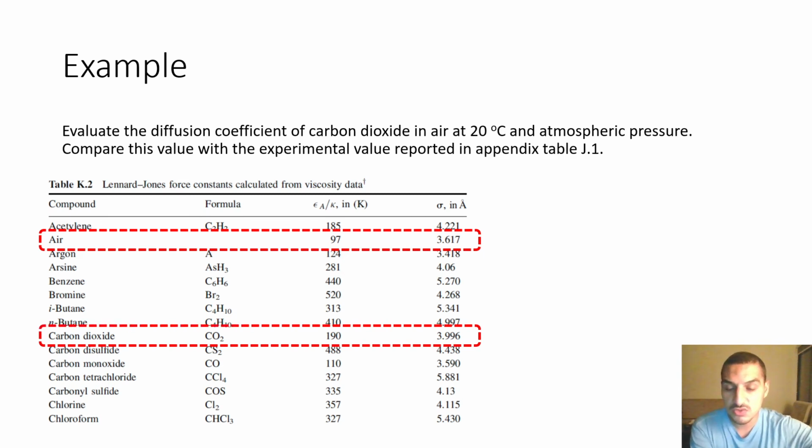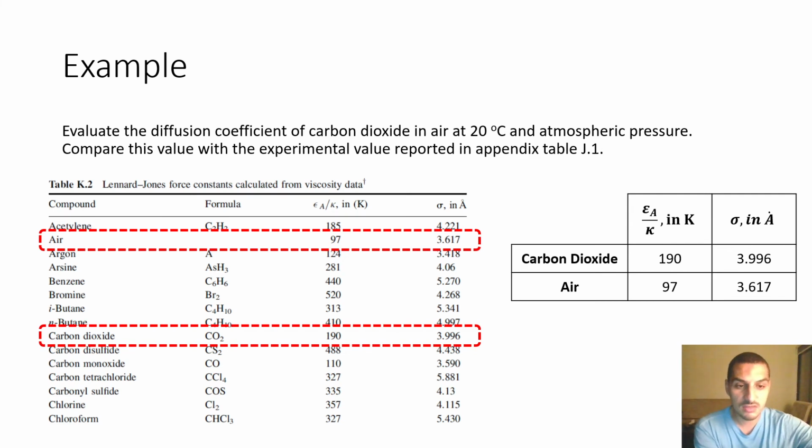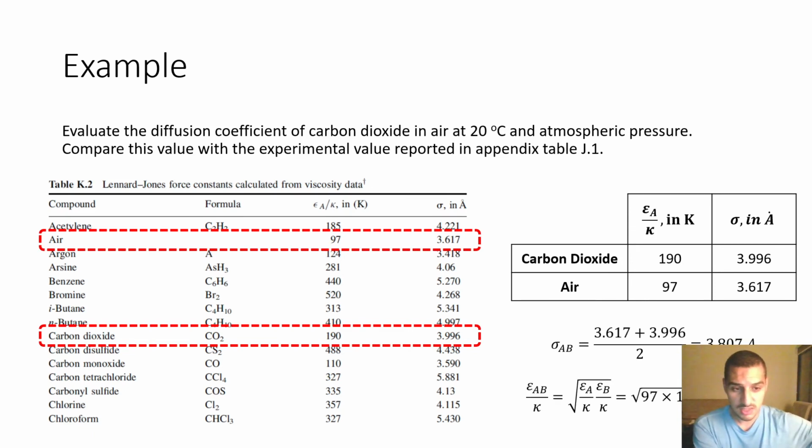So we will not need to use the tables or the equations that we discussed to estimate the values of epsilon over kappa and sigma. From this we can summarize the values of epsilon over kappa and sigma for carbon dioxide and air. Then we can use the equations to calculate sigma AB and epsilon AB over kappa, which is going to be the geometric mean of epsilon A and epsilon B over kappa.